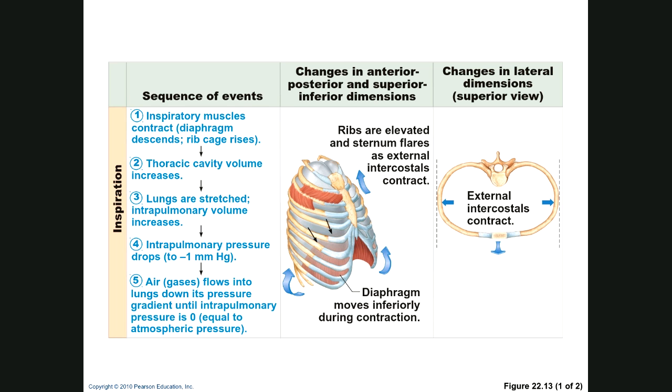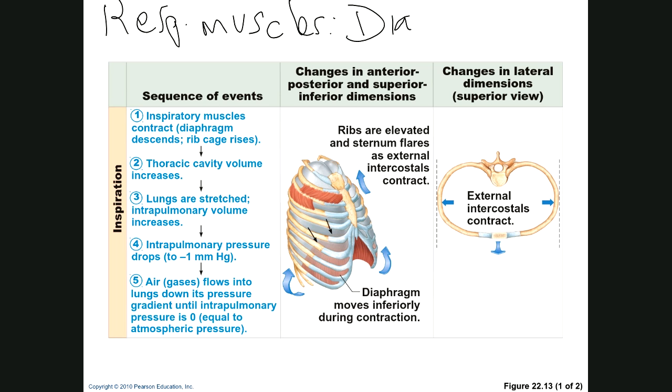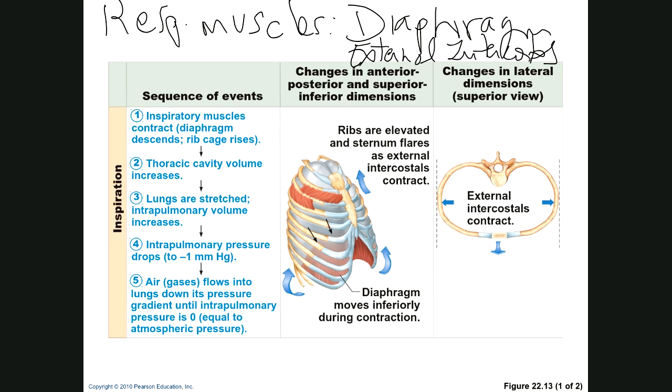The respiratory muscles, which are both skeletal muscles, are the diaphragm and the external intercostals. The external intercostals expand the rib cage outward. The diaphragm expands it inferiorly.